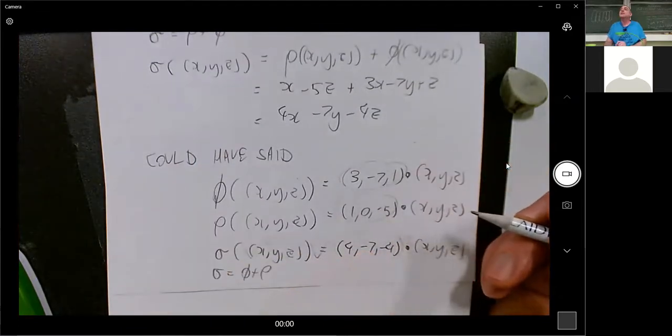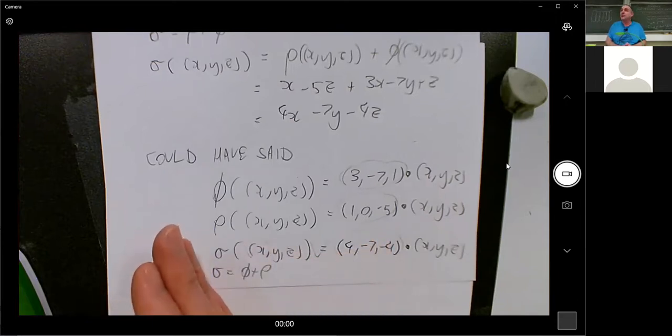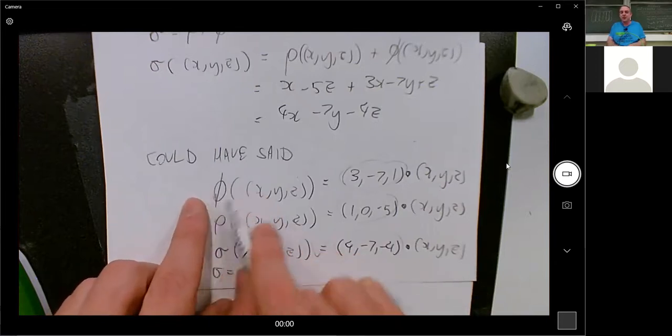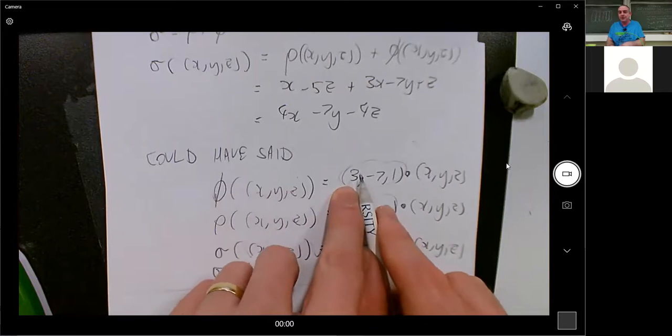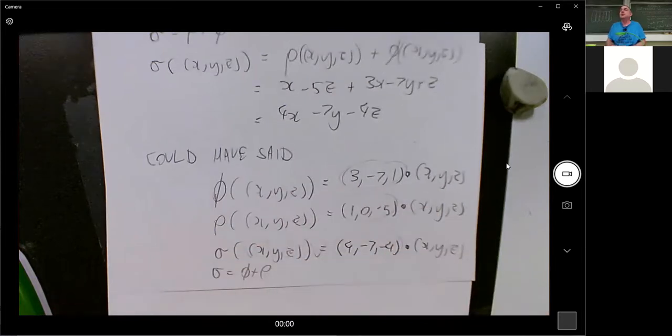I'm saying that the vectors are like, in R3. And so there is an isomorphism between R3 and the linear functionals for R3, where the isomorphism would take the functional phi and produce the vector 3, minus 7, 1. So the functional does to vectors what dot producting with the vector 3, minus 7, 1 does to vectors.